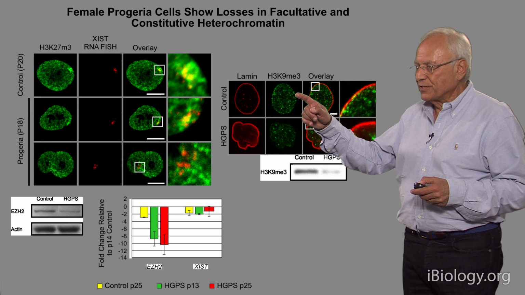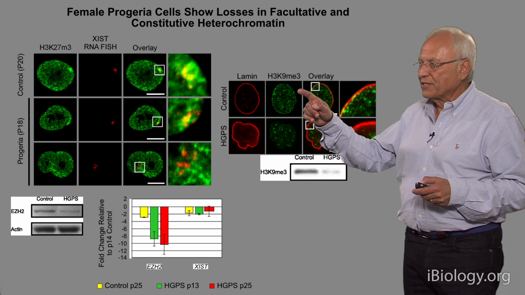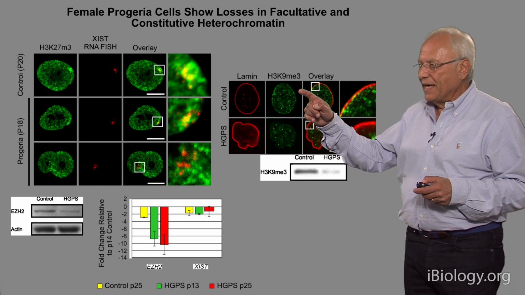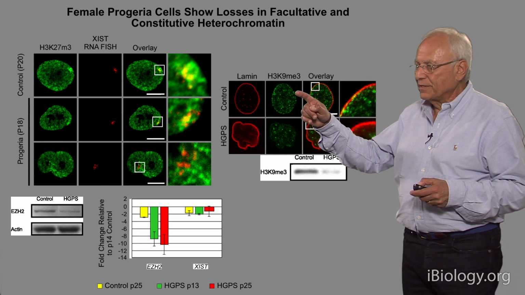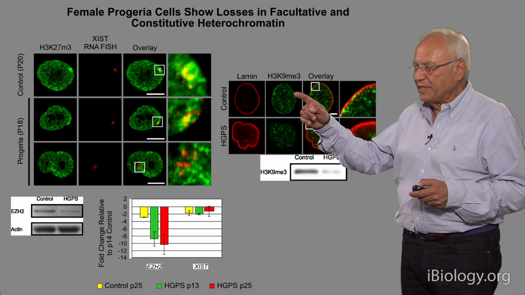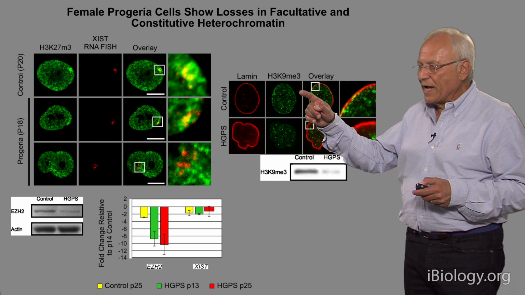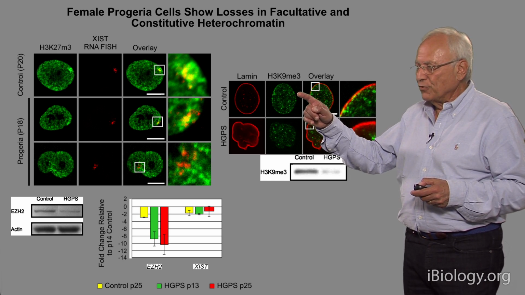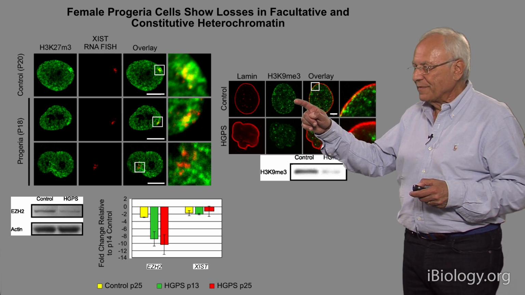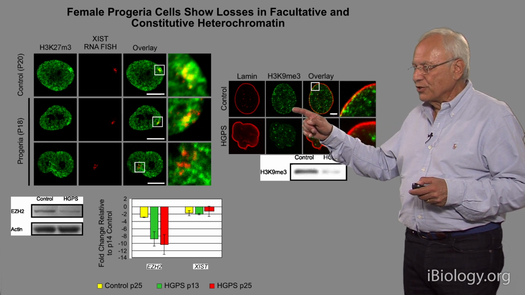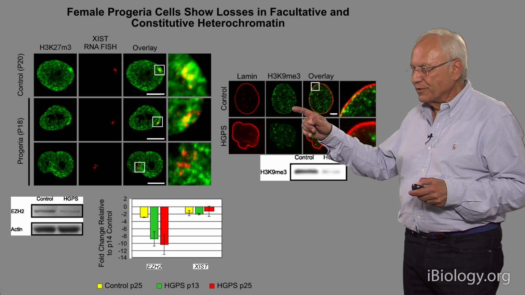In the middle, it shows XIST RNA, another mark for the human inactive X chromosome, and you can see as you go down through these panels that the XIST RNA seems to be retained, but it sort of unravels. It's not as tight a structure and appears to move interior into the nucleus. And over on the right, it just shows you these at higher magnification.